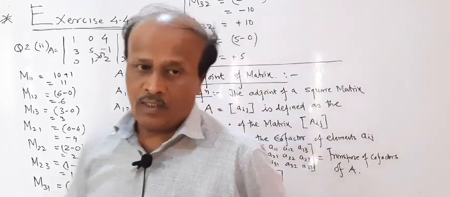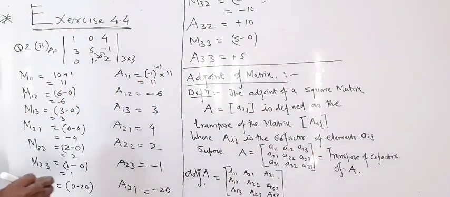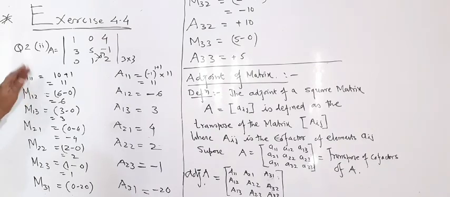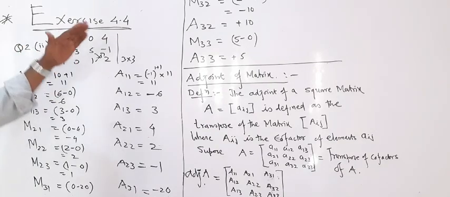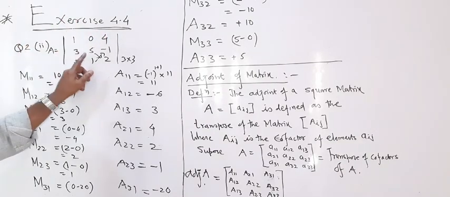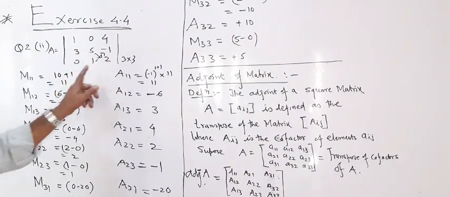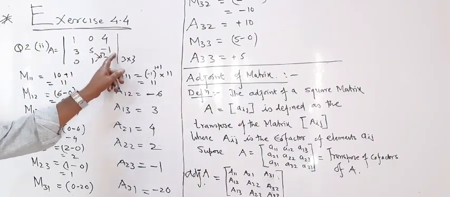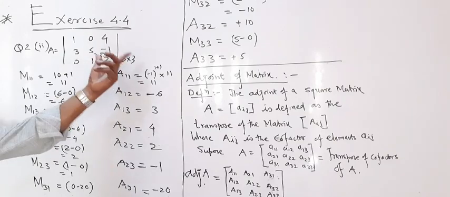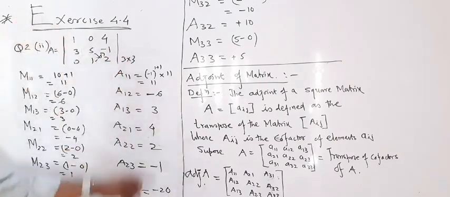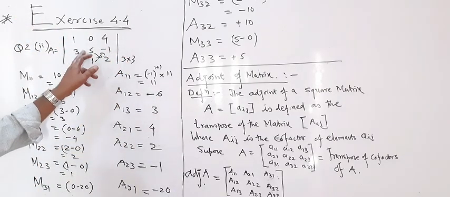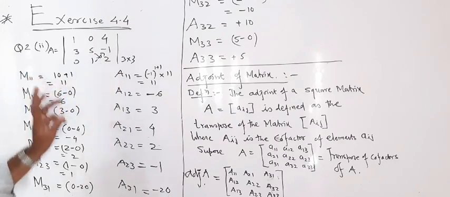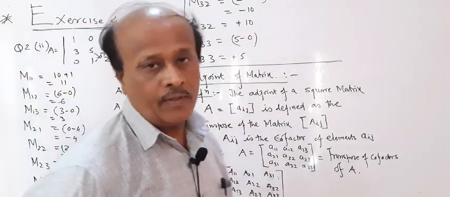So there is no difference between the minor and cofactor except the sign, which I am going to tell you just now. Now if anybody asks you to find minor M11, according to the definition, delete the first row and first column's elements. So 5 twos are 10 and 1 into minus 1 is minus 1, and then you change the sign. It's like an expansion of a determinant. So 10 plus 1, it will become 11.